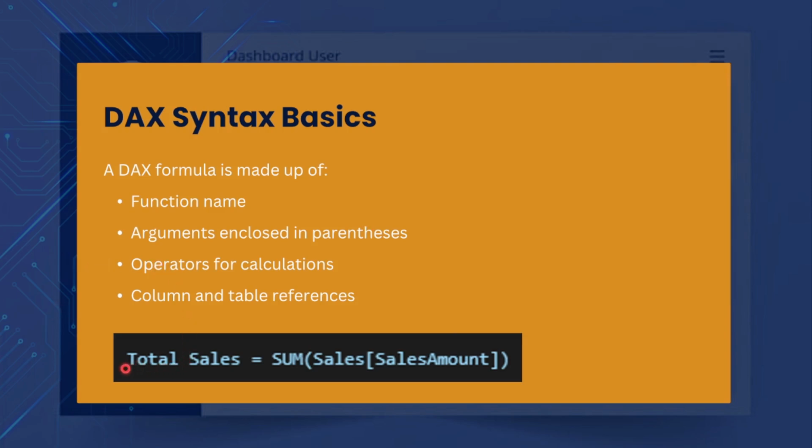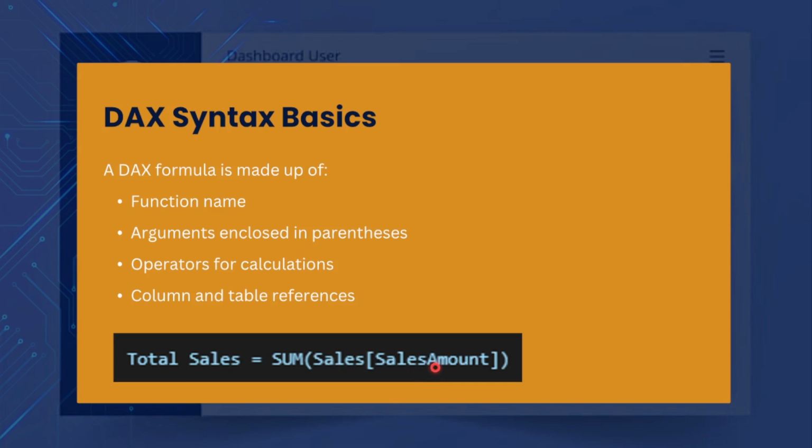If you look at this total sales, this is an example of a DAX syntax. You see SUM, which is the function name. It could be average, it could be anything. Then Sales is the table name, that's the table reference, the table you are referencing, and Sales Amount is the column.